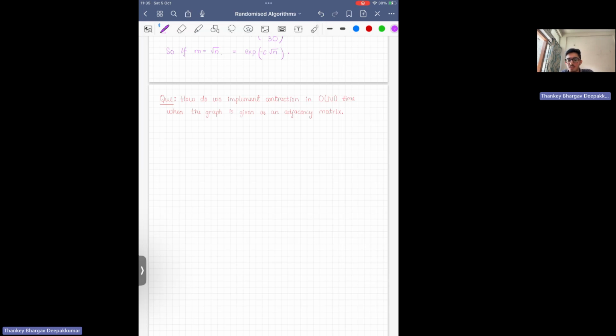You pick any edge E, and let's say U and V are the two endpoints of that edge E. Then you merge U and V into a combined vertex UV. And let's say there is a W, so that there is an edge from U to W. Now that is replaced by an edge from UV to W. And if there was a W prime, so that there is an edge from V to W prime, then that is replaced by an edge from UV to W prime, right?